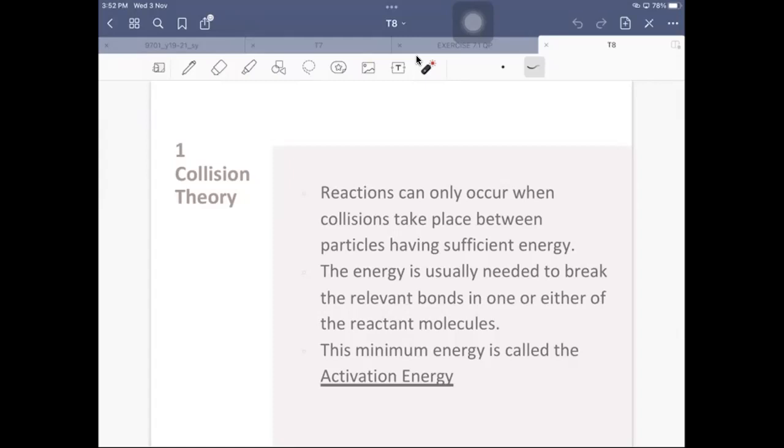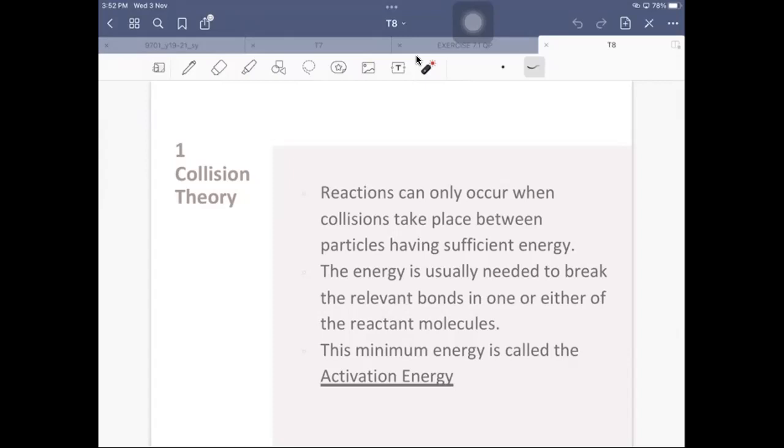Everyone will have some sort of energy. And in order for reaction to take place, you need to have enough energy, and then later on there's a second factor to it. So this minimum energy is called activation energy, because in a reaction, you will first break the bonds of your reactants, and then you want to form new bonds in the product. In order for this to happen, of course, you need some sort of energy.